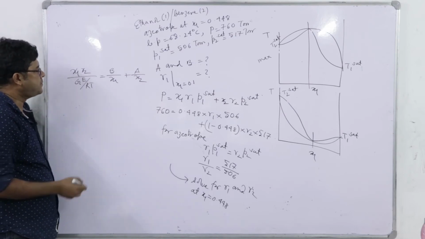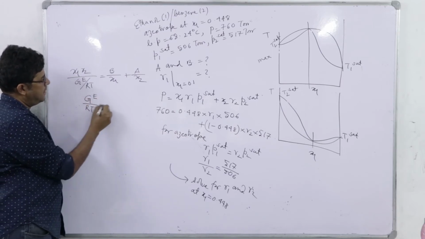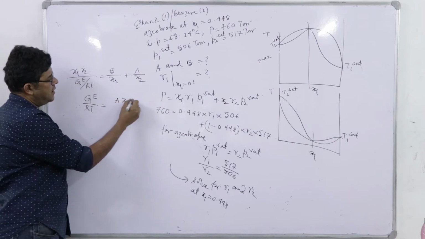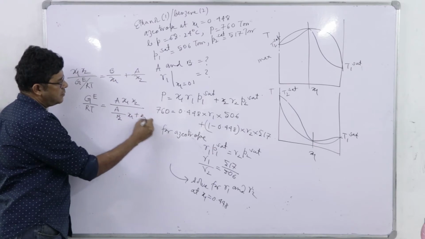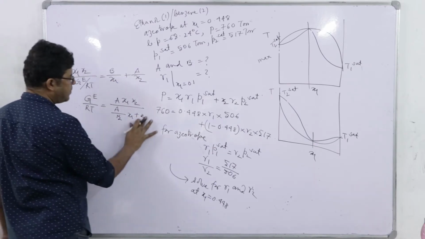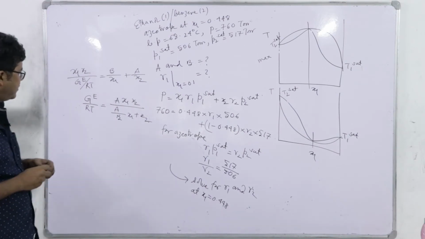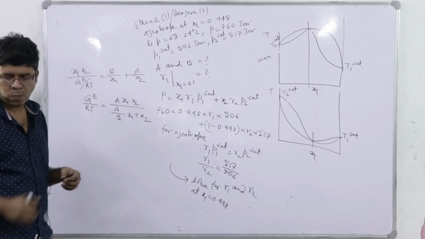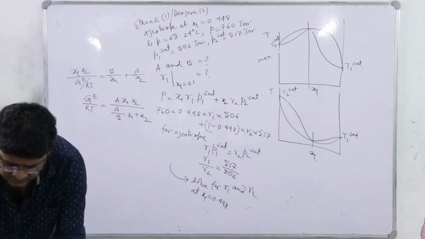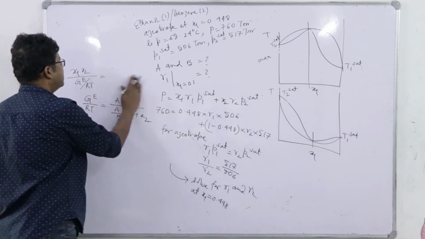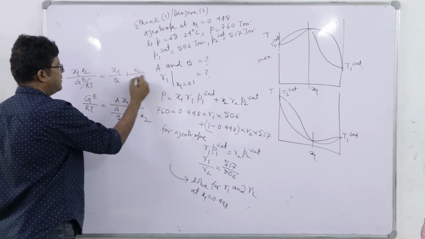So from there we get that GE by RT is equal to A x1 x2... No, it's a linear function. So I've made a mistake. x1 by B plus x2 by A.